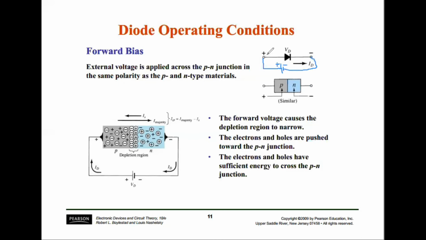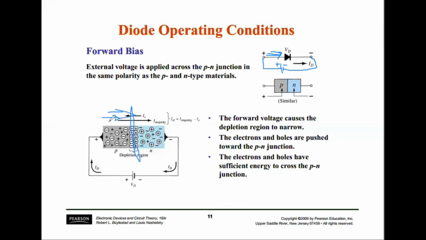As we are considering the conventional current, by applying positive here and negative here, all positive charges will rush towards this terminal. When all will be rushed toward this one, the depletion region will be broken, because positive charges are rushing in this direction.